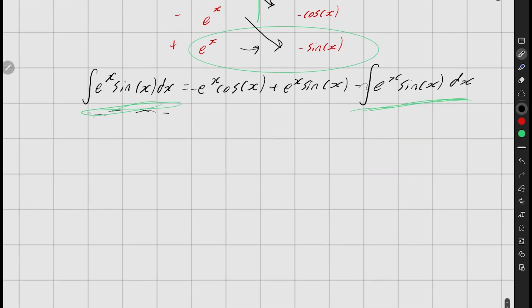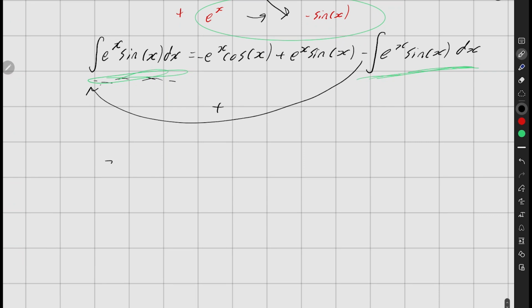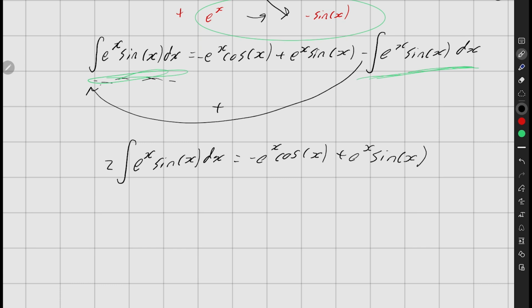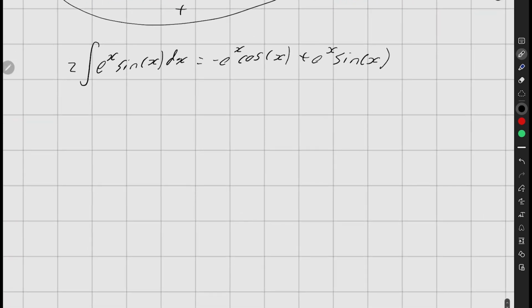So we can bring this over to the other side, add it on, so we're going to have 2 times the integral of e to the x sine of x dx equals negative e to the x cos of x plus e to the x sine of x. So we can now actually begin to solve this.